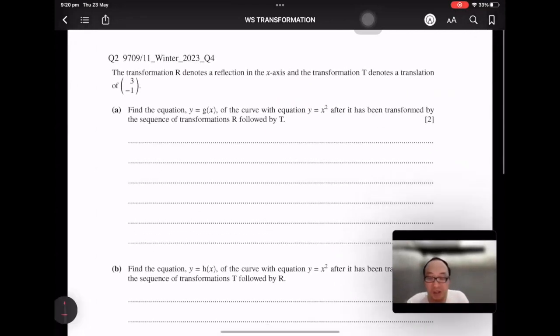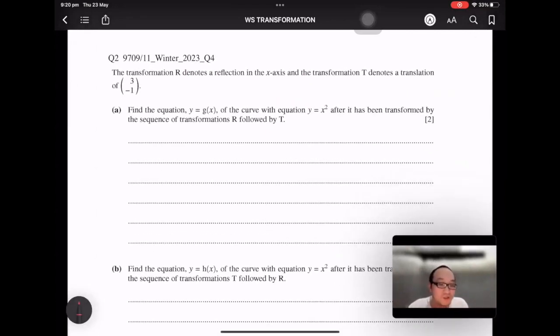Number 2. The transformation R denotes the reflection in x-axis. And the transformation T denotes a translation by 3, negative 1. So let us define the transformation. R is a reflection in the x-axis.